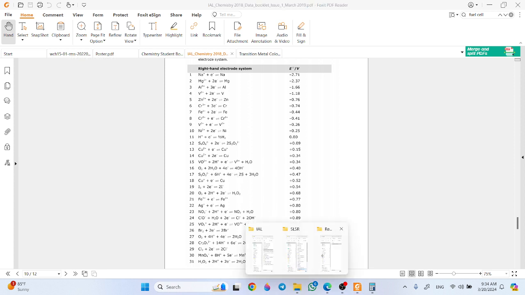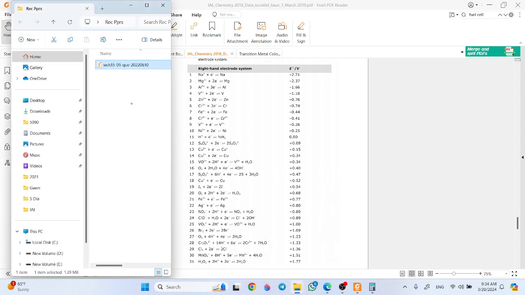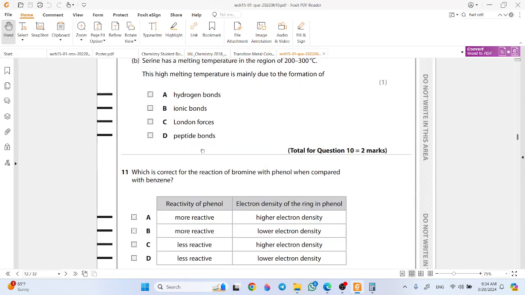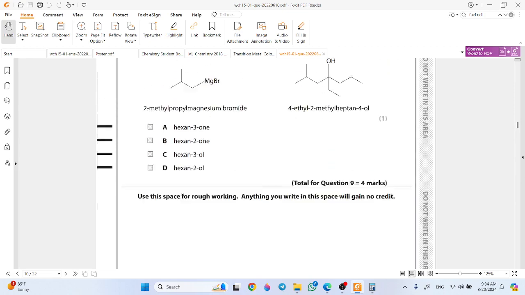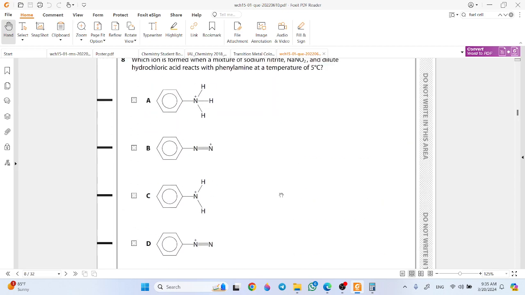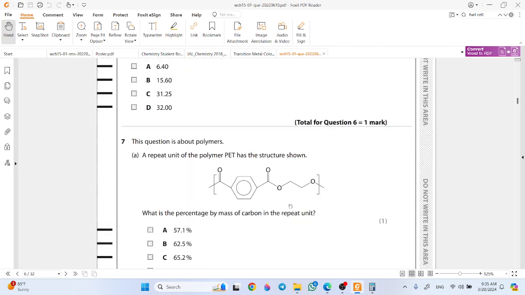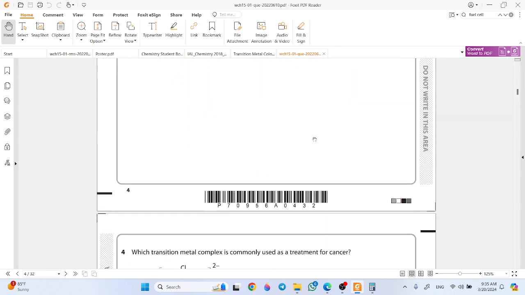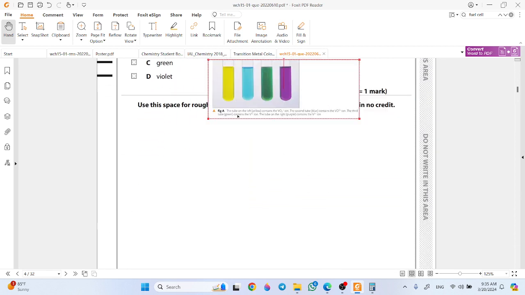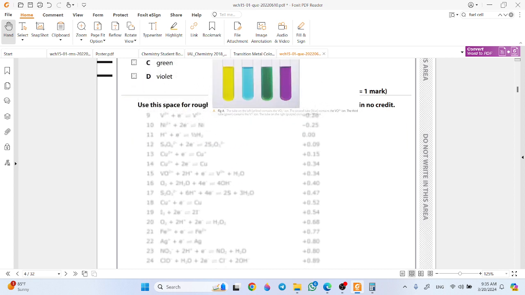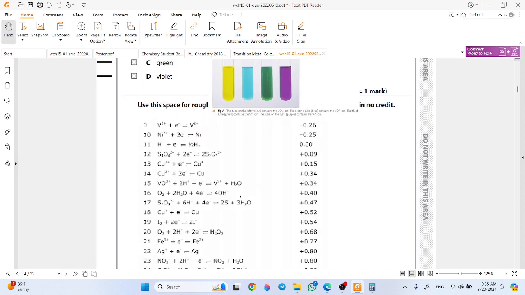Now if I take all of these, I'll put these E cell values even, then it's easy for me, right? Is the color, these are the E cell values, right? Okay, now look at this.